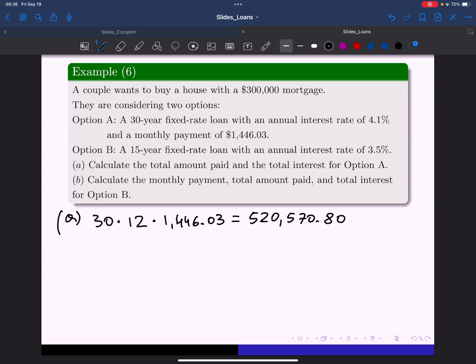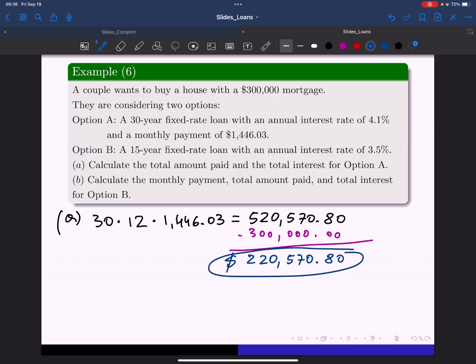So this is the total amount paid for option A. How much is interest paid? So we subtract the mortgage, 300,000 of course, and we get that we're going to pay interest of 220,570 and 80 cents. So the interest paid is about 220,000 for part A.